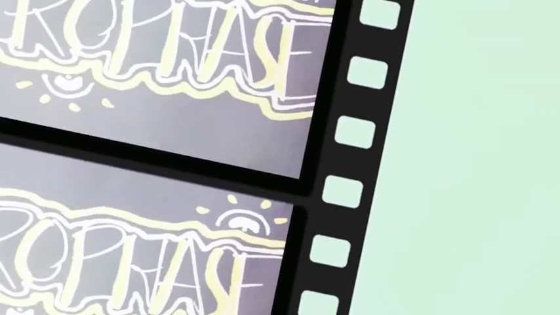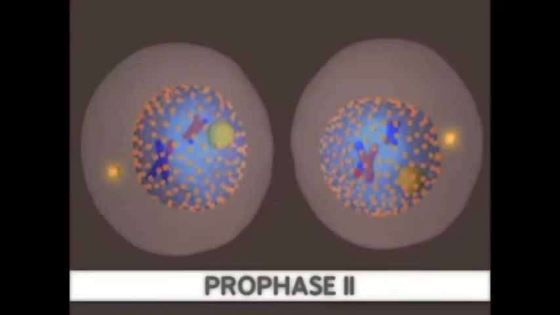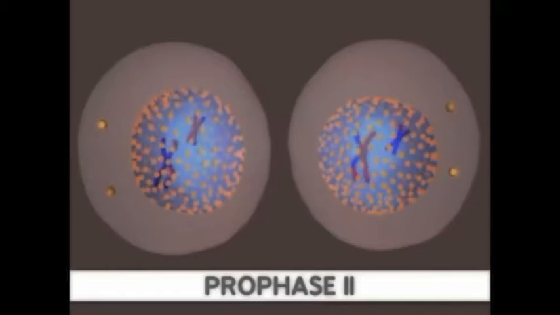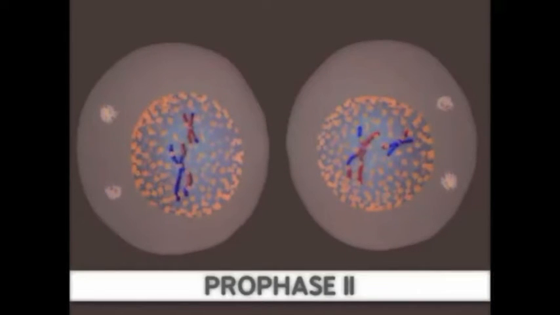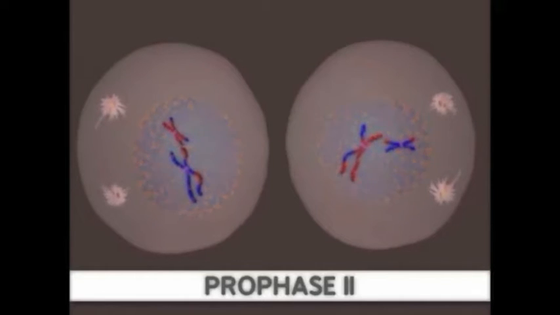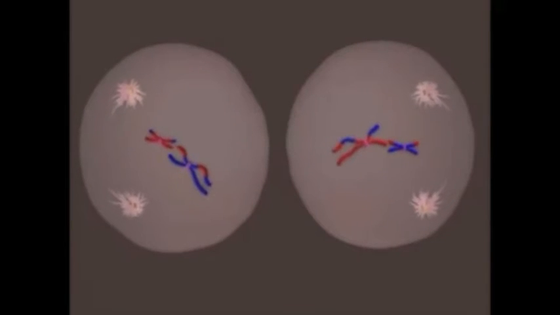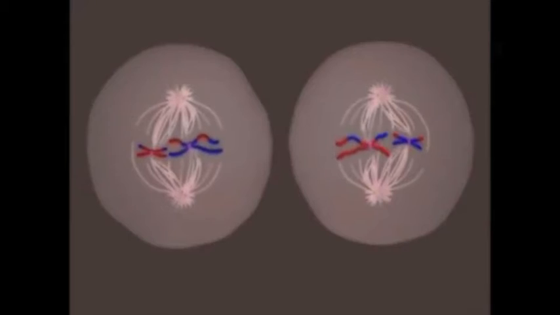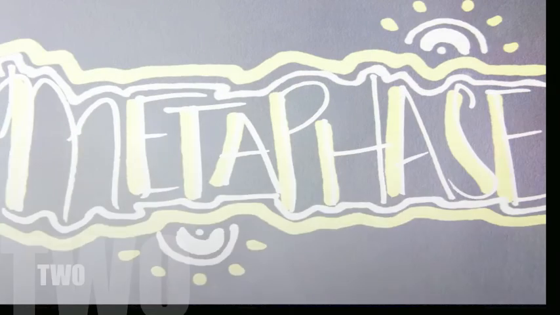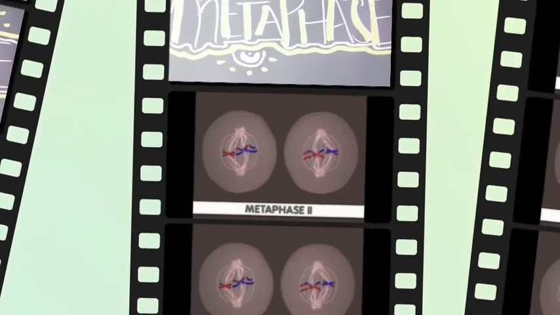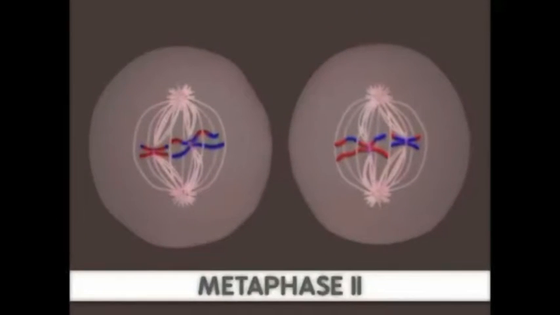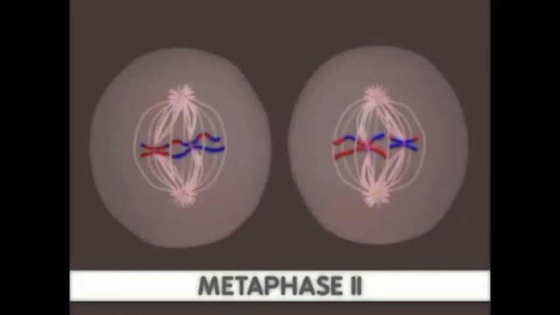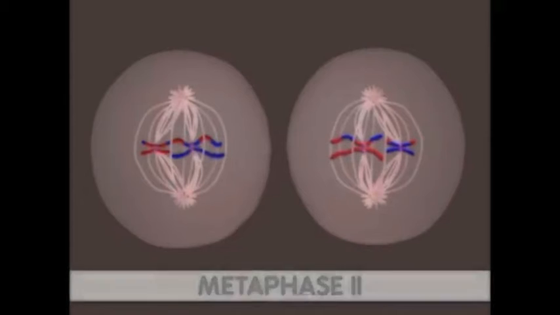PROPHASE 2. METAPHASE 2. They will align again at the center, the same as METAPHASE 1, also random.